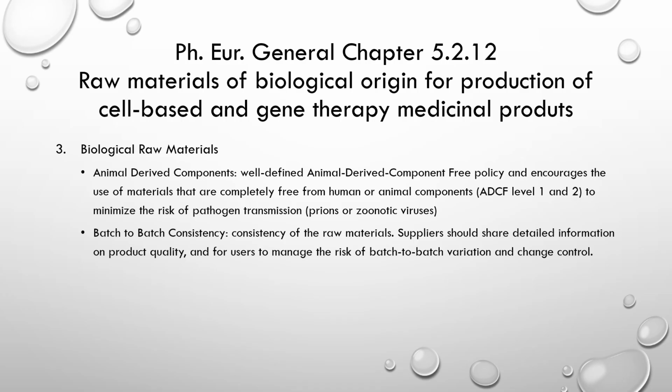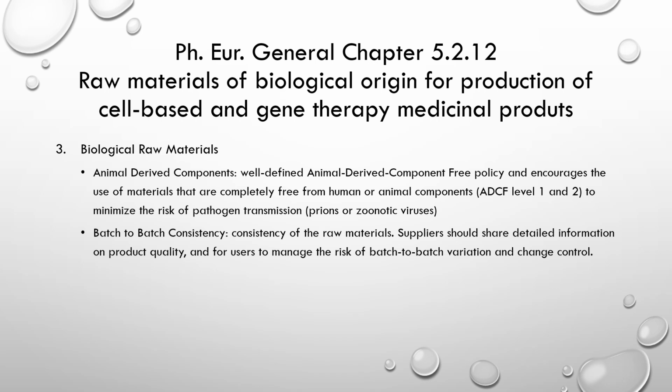Batch to batch consistency. So really, you want to make sure that, as I've stated before, your raw materials and some critical starting materials based on human and animal origins, that's where you're going to get your variability. So we want to control the quality of your raw materials in order to reduce this risk of batch to batch variation.